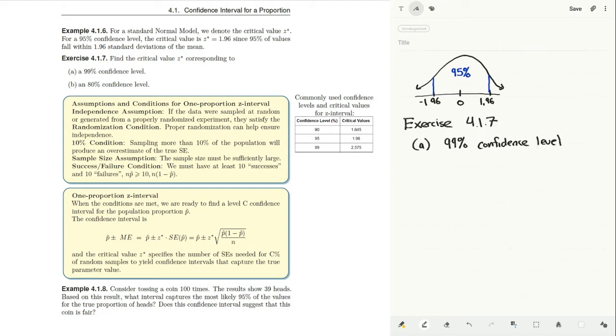So let's find the critical value which corresponds to a 99% confidence level. So for 99% confidence, the central area under the standard normal distribution is going to be 99%.